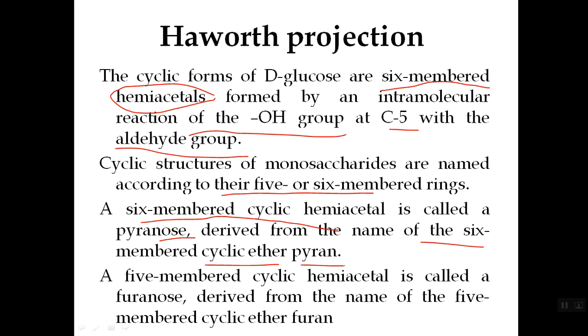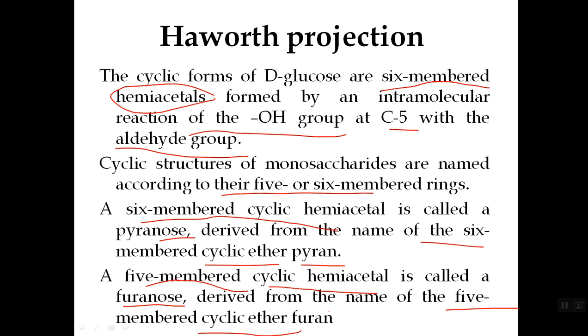But in case of fructose, since we have the ketone group at the C2 position, we will find the formation of a 5-membered cyclic hemiacetal, and this is called furanose. It derived its name from the 5-membered cyclic ether, that is furan.